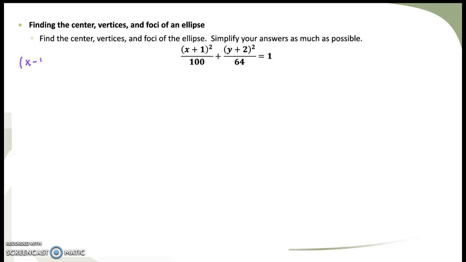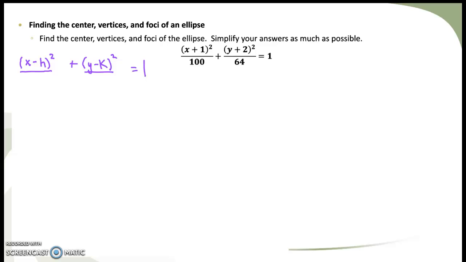We have (x - h)² over something plus (y - k)² over something equals 1.